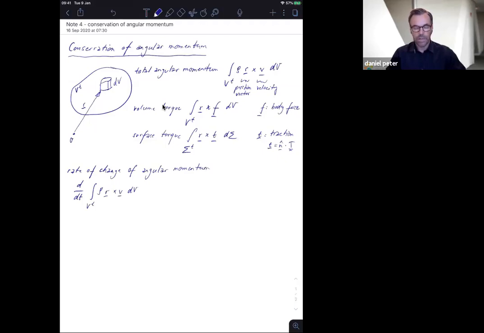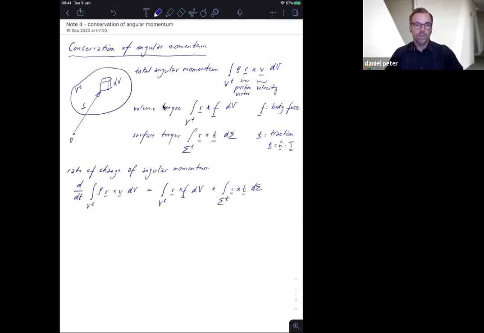That's the rate of change of angular momentum, which is equal to the net torque that is applied to the body. So it's equal to the volume torque plus the surface torque. Good, that's how we can state the conservation of angular momentum.